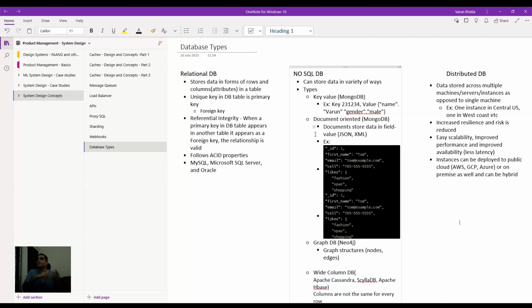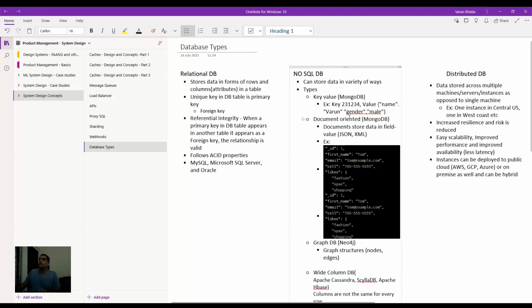Let's say you have a key, which is again similar to your primary key in a relational database, right? You need to identify what the attributes associated with it are. So in this case you have a key, let's say, 231234, and then you have a set of values. This value can basically have multiple equivalents of attributes, right?